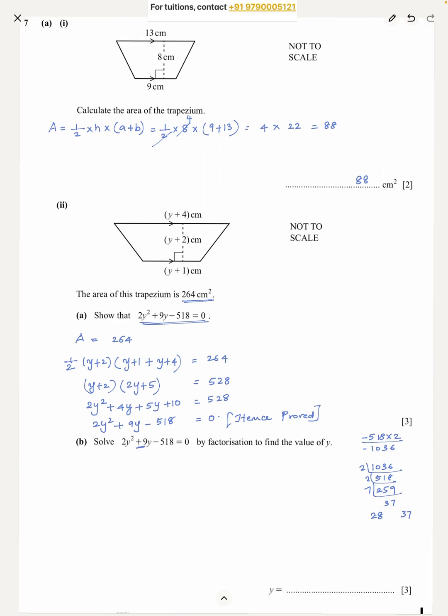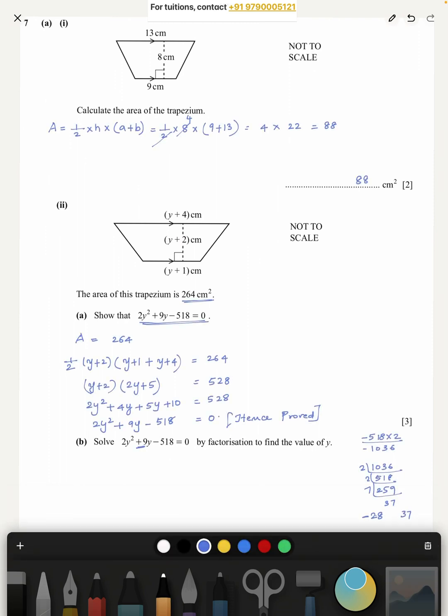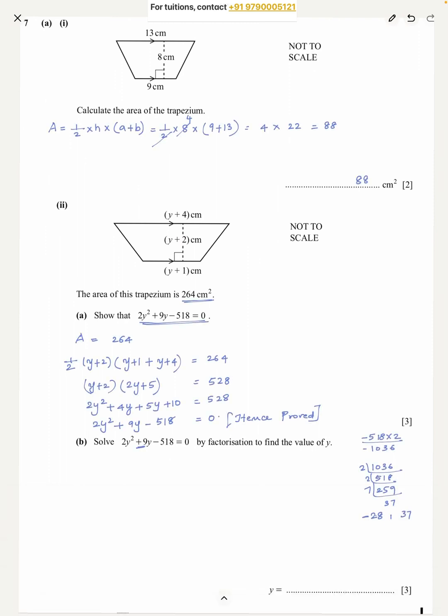I prefer to go with minus 28 because if I add these two, I get plus 9. So 2y square plus 37y minus 28y minus 518 is equal to 0.